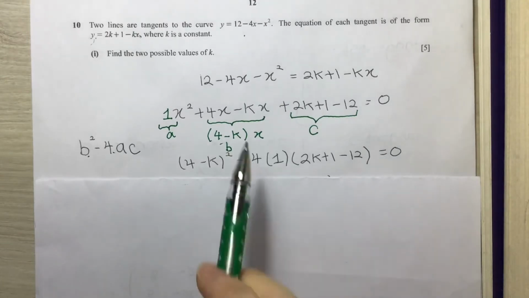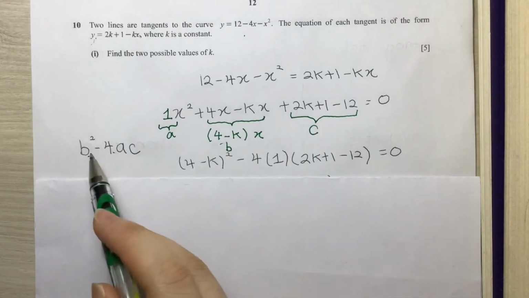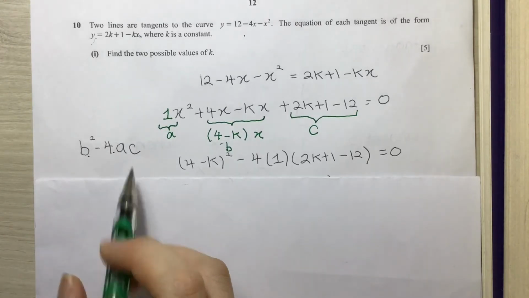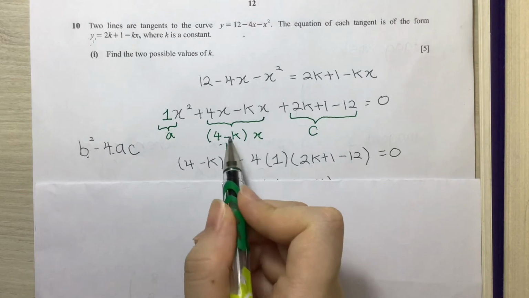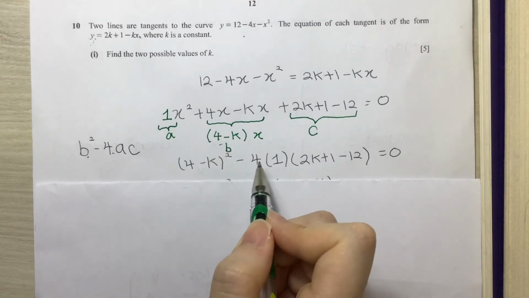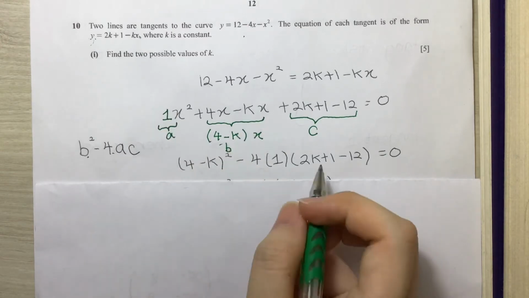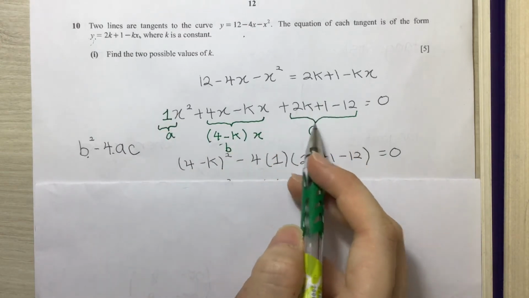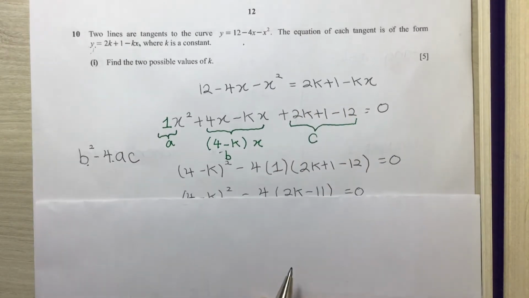We just have to substitute all these brackets, all these numerical figures, into these letters. So b squared, we just have to square this bracket, minus 4 multiplied by a, in this case just 1, and c is the entire constant expression over here.